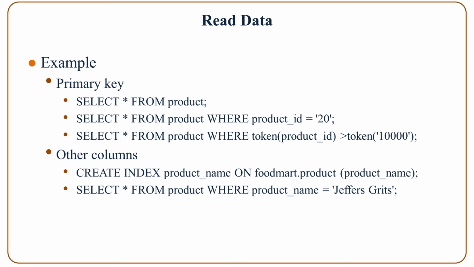Here are some examples. Select star from product. Star here would mean we select all columns. And select star from product where product ID is equal to 20. And here product ID is the primary key.